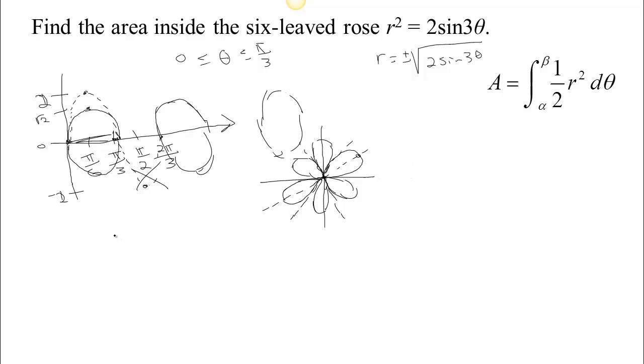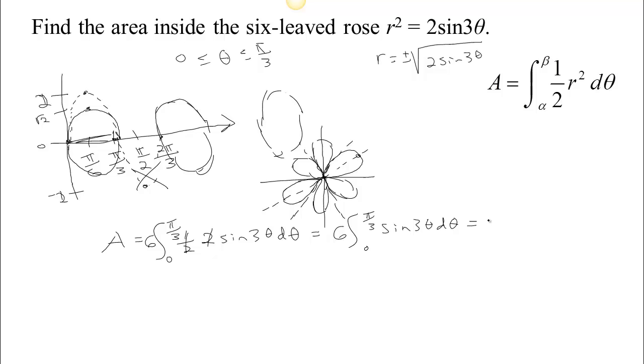So the area of this leaf is going to be the integral from 0 to pi thirds of 1/2 r squared, but r squared, we're told, is 2 sine 3 theta d theta. That's going to find the area of one petal, right? Oh, and it's a 6-leaf rose. So if we find the area of one petal, then we need to multiply by 6. So basically, this 1/2 cancels that 2, and we have 6 times the integral from 0 to pi thirds of sine 3 theta d theta.